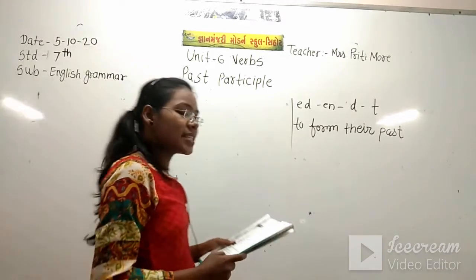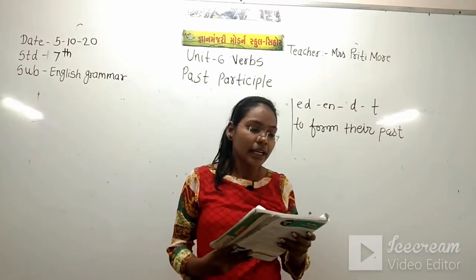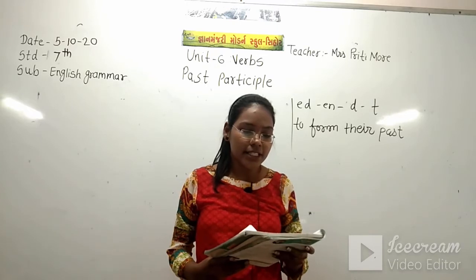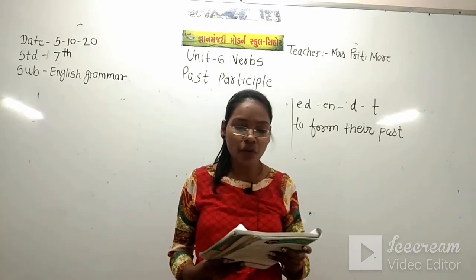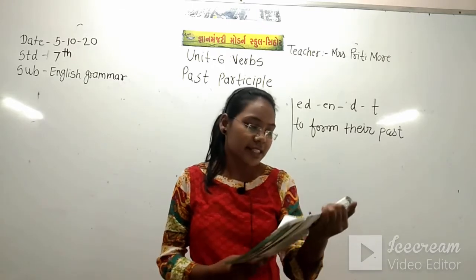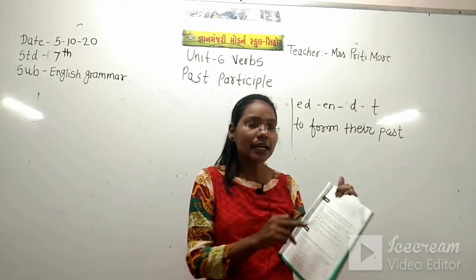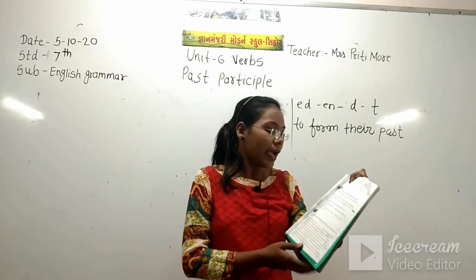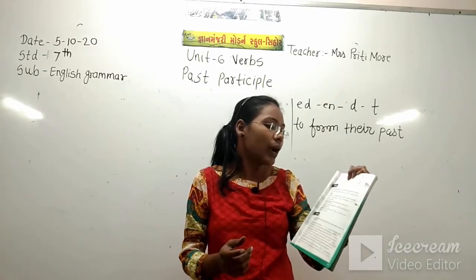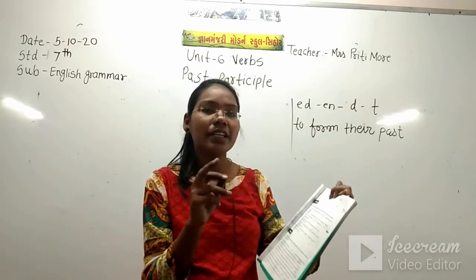Now what is the instruction in Practice Exercise A? Complete the following sentences using the past form of the words given in the bracket. That means there are 6 sentences in Practice Exercise A, and you have to write the past form of the given verb.